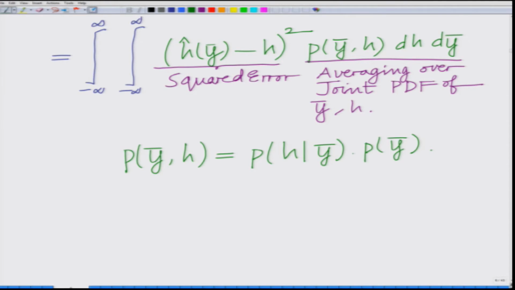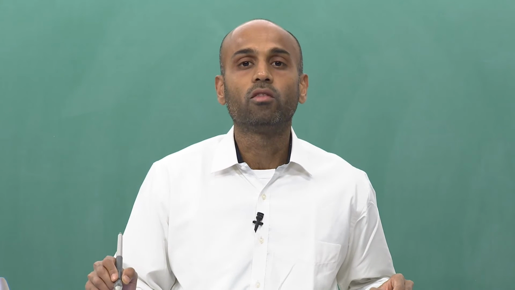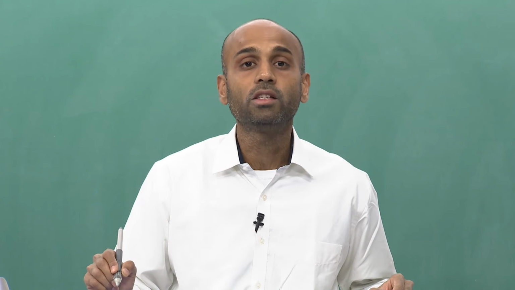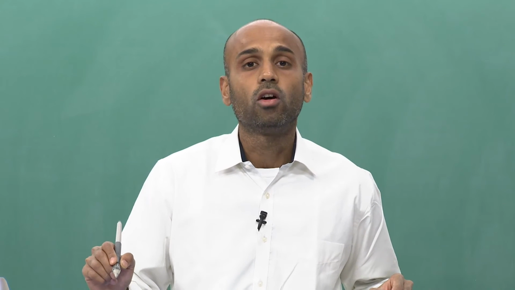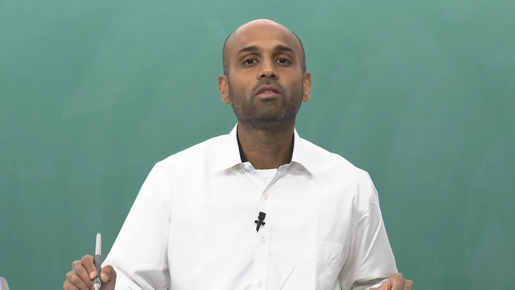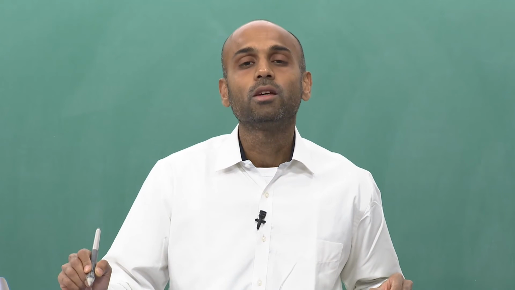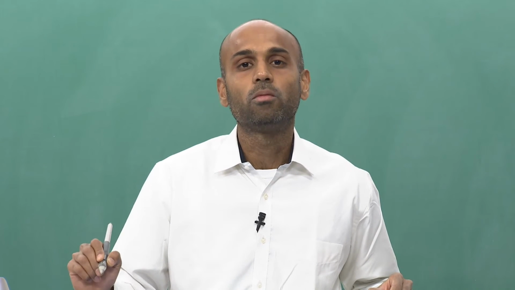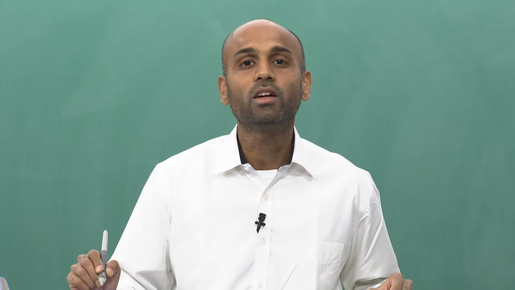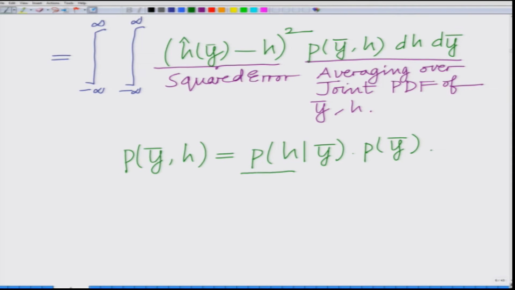That is, the conditional probability density function of the parameter h given the observation vector y bar, times the marginal probability density function of the observation vector y bar. This P of h given y bar is an important quantity. This is also the posterior probability density function.